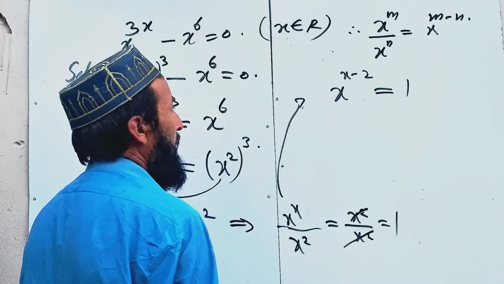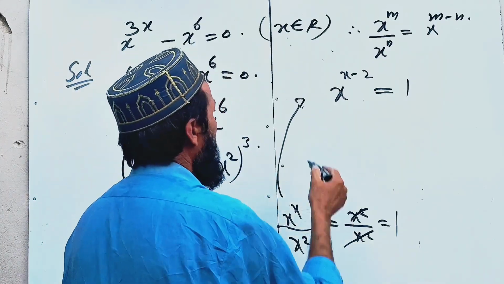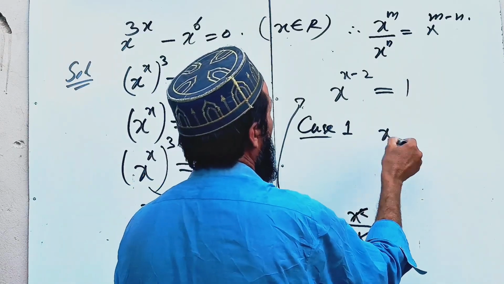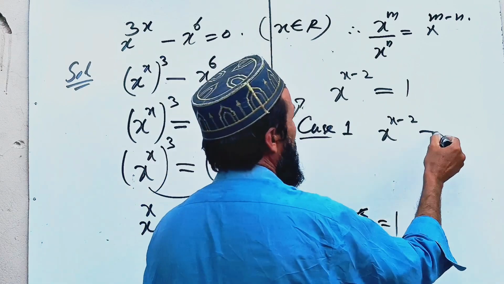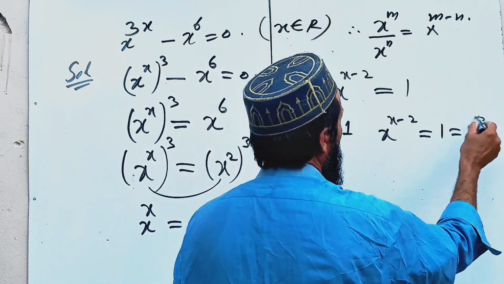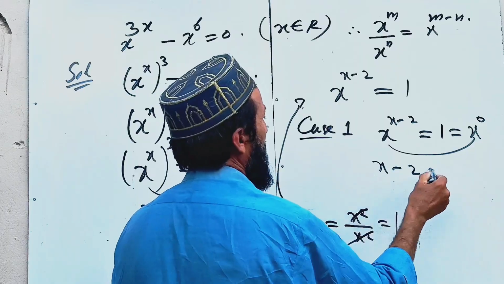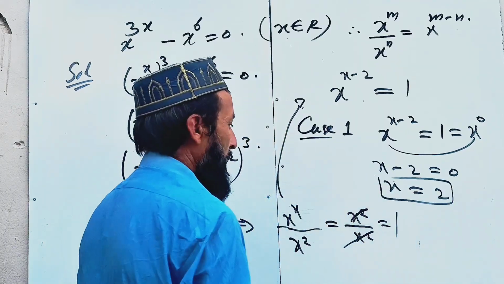So there are two possibilities. In case number one, we can write x^(x-2) is equal to 1, which is x^0. So now the bases are the same, and x minus 2 is equal to 0, so x is equal to 2. We get one solution.